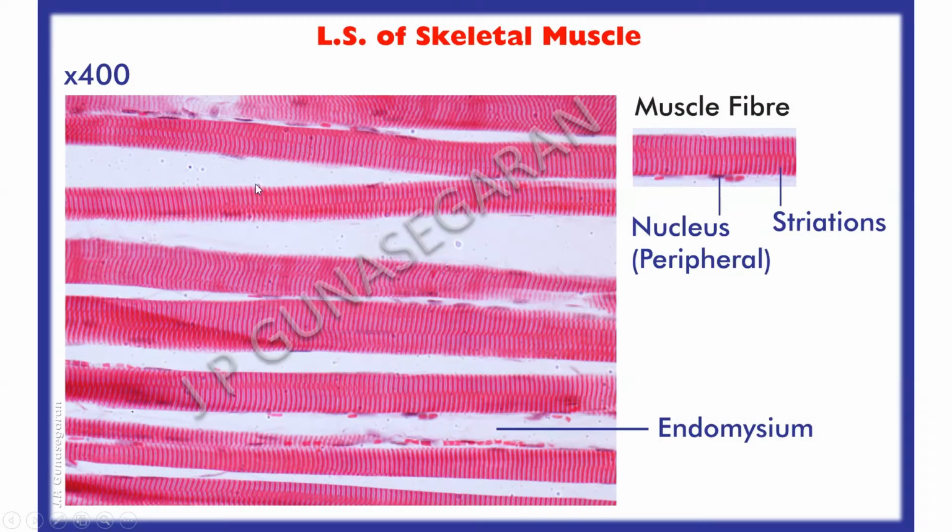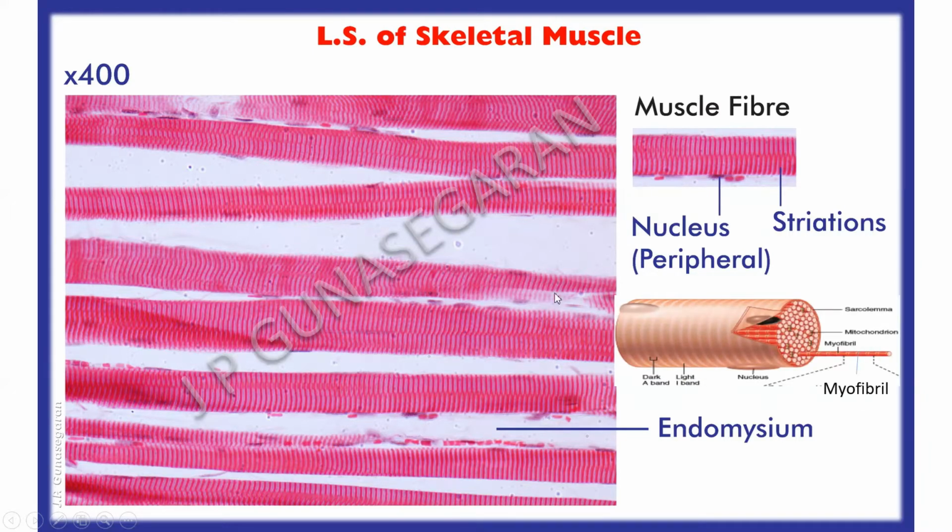This is a higher magnification of the same slide where the cross striations can be clearly seen. You have dark A bands and light I bands. Apart from cross striations, the peripherally placed nuclei can be well appreciated.